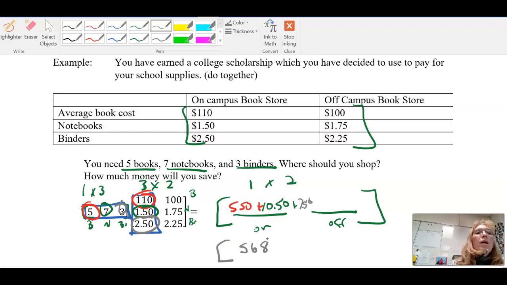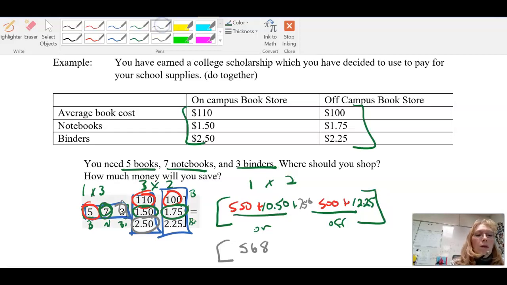Okay, next, we have to do the next one. Same row, different column, because now we're on column 2. So you take 5 times 100, which is 500, plus 7 times $1.75, which is $12.25. I'm going to run out of room.